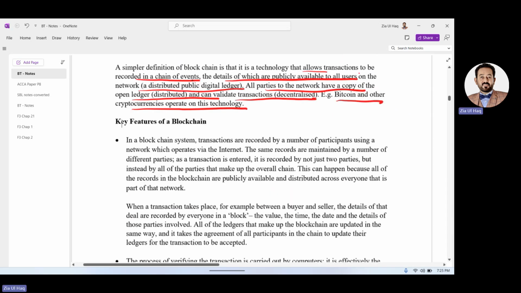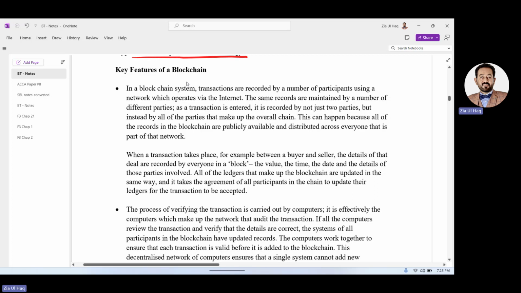Key features of blockchain technology. In a blockchain system, transactions are recorded by a number of participants using a network which operates via the internet. This means all the users can share files with each other. The same records are maintained by a number of different parties. When a transaction is made, it is recorded by not just two parties, but by all of the parties that make up the overall chain.